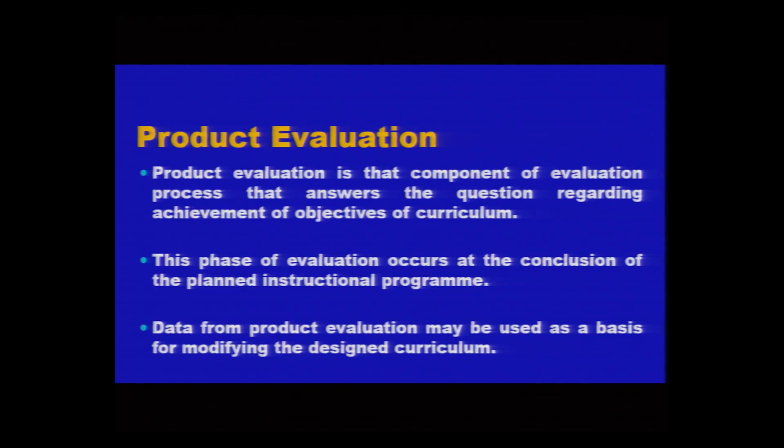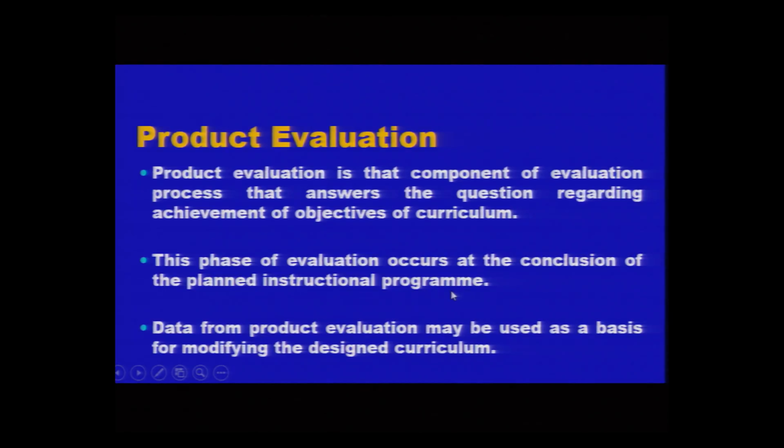So we are to evaluate those students who get wage or self employment as per the curriculum aims. So here in this product evaluation, we see that component of evaluation process that answers the questions regarding achievement of objectives of curriculum. Here we evaluate that whatever course objectives we have identified during the design stage, those have been properly achieved.